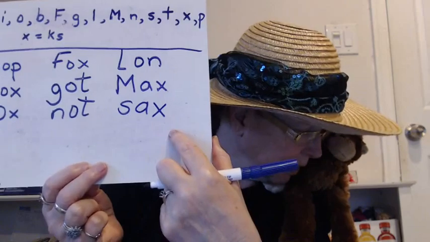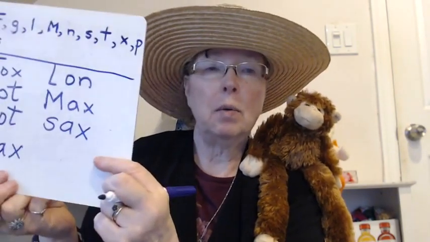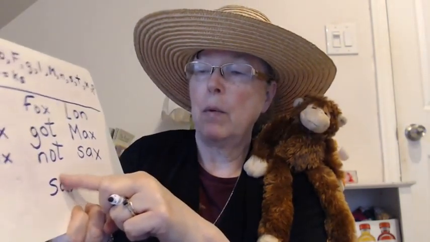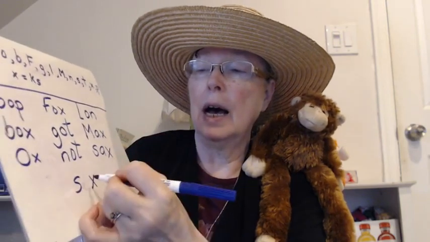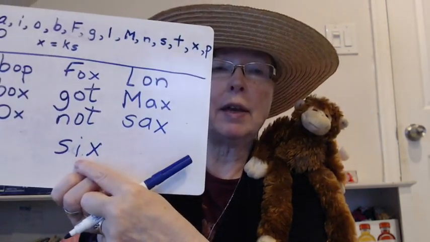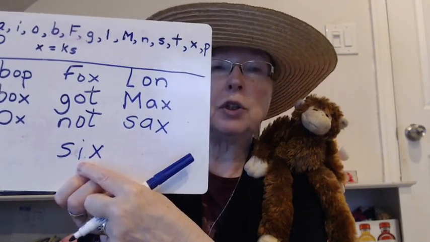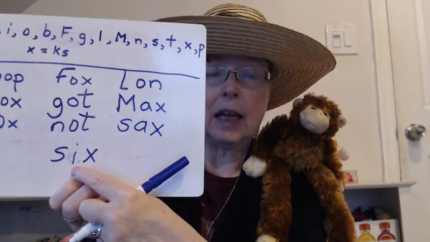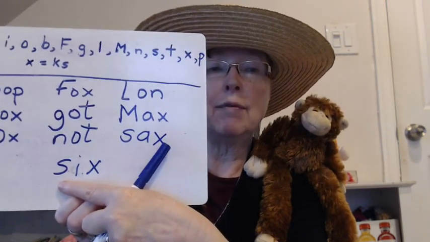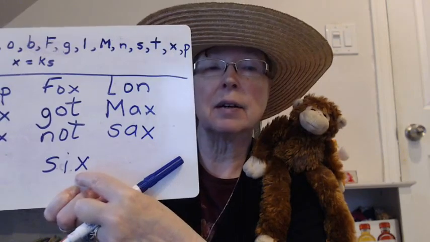All right, and if we take away the vowel A, and we replace it with an I, the word has changed because you have a different vowel. So instead of having sax, if we know the sound for the I, we have the word six.